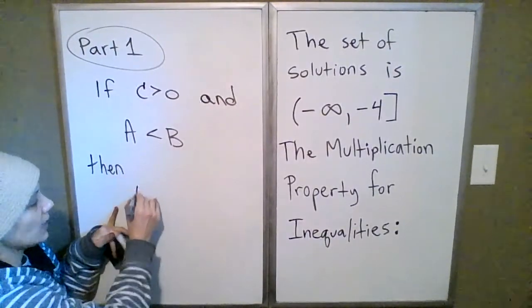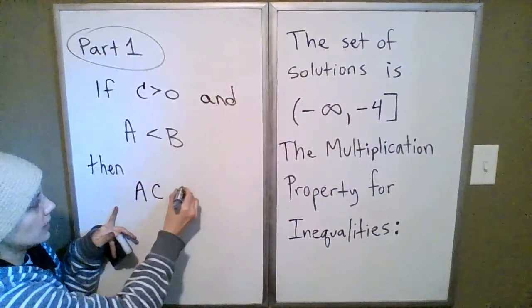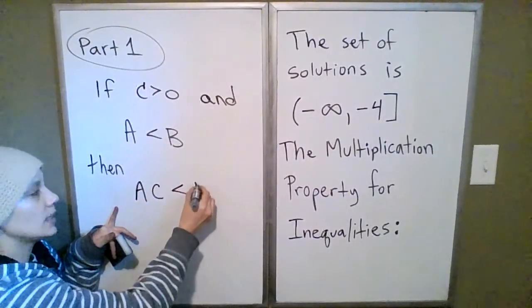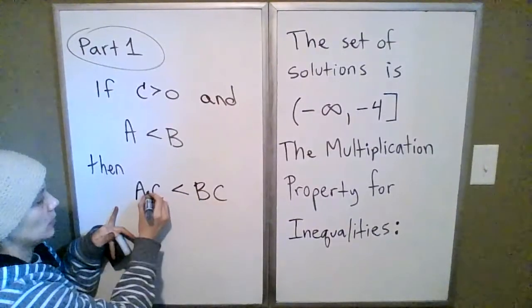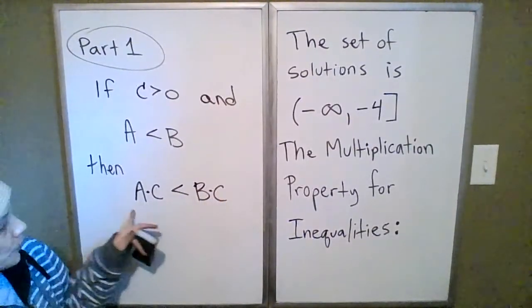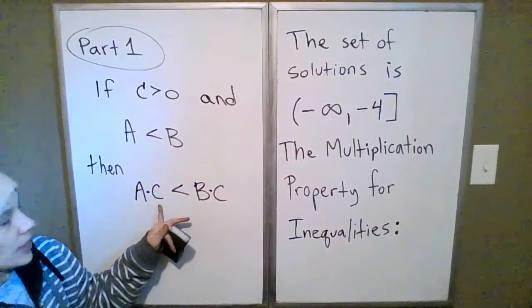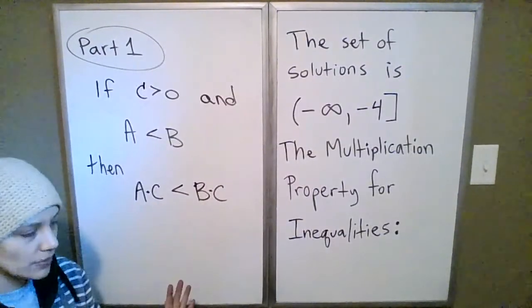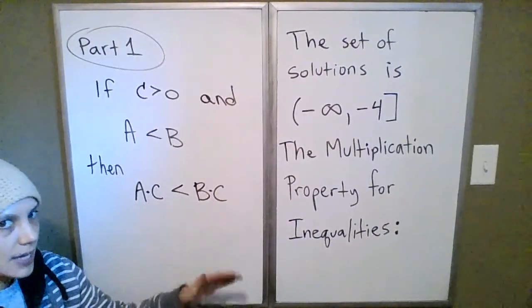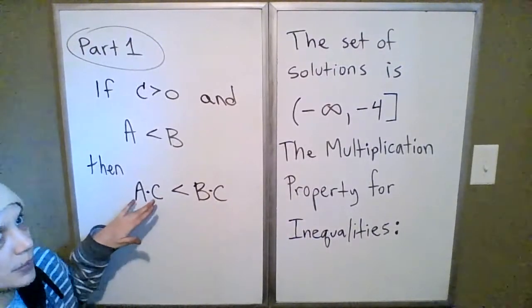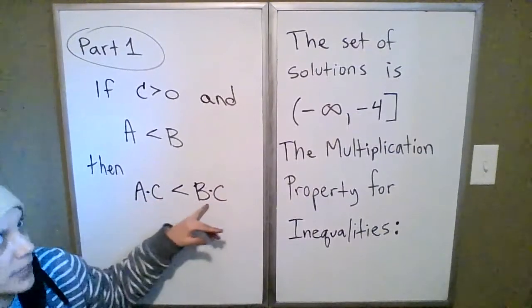So you have A times C, keep the sign, less than B times C. And that's for multiplying and dividing. So when I divided both sides by positive 2, I copied the symbol down and did the same thing to both sides.